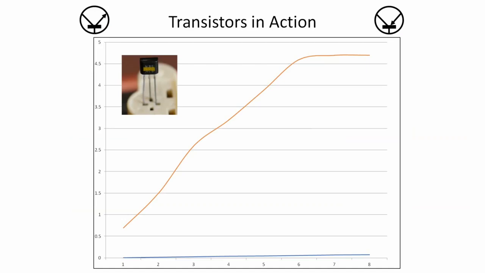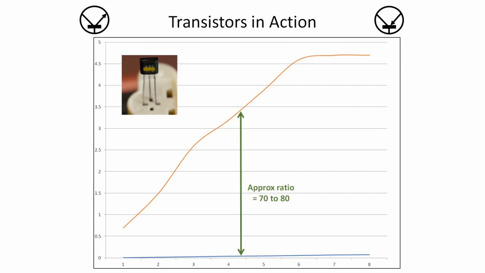Scale on the left is in milliamps, so you can see that very small changes in base current have led to a very large change in collector current. Now if we look at the ratio on the center of that rising curve, the ratio is approximately 70 to 80 times. So the collector current is about 70 or 80 times greater than the base current.